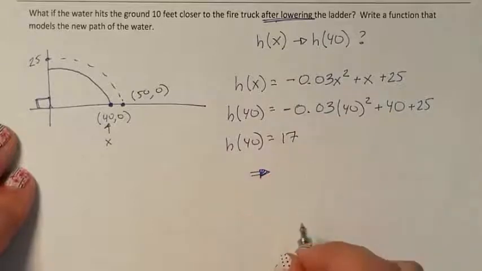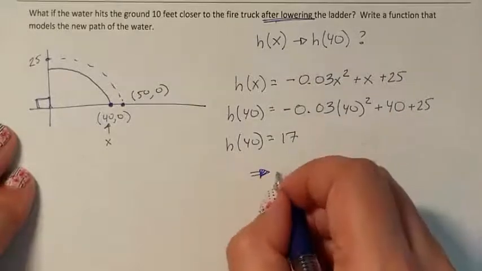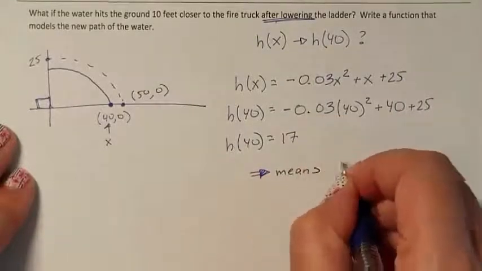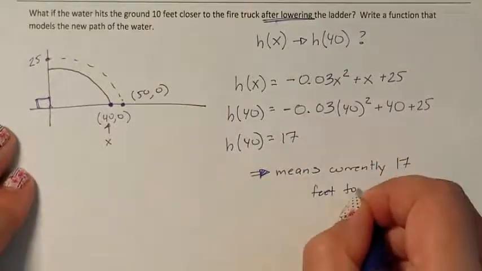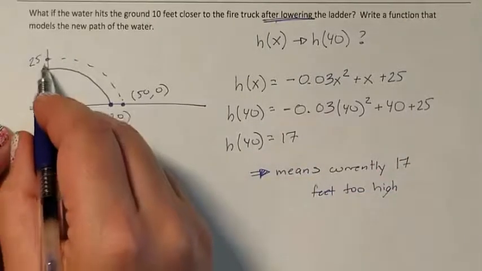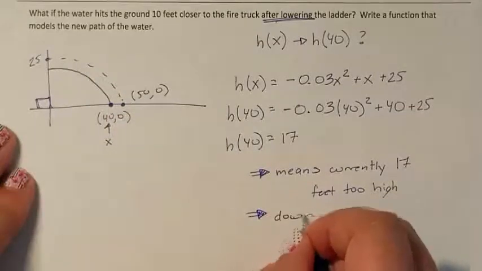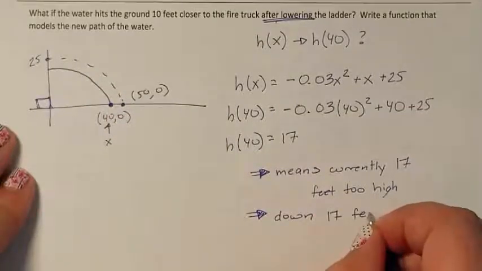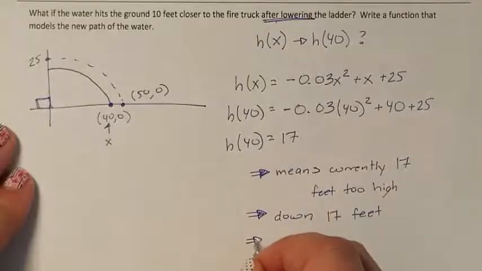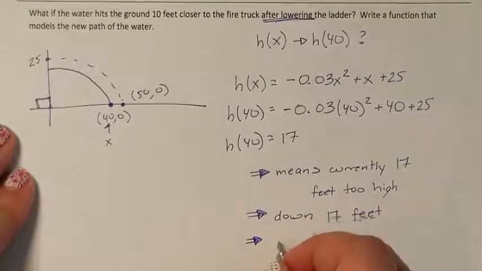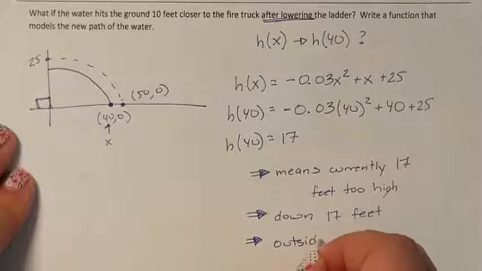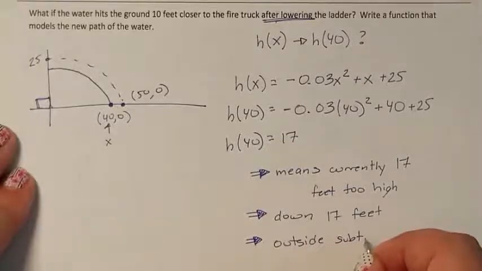What does this mean? This means that my ladder is 17 feet too high, which means I needed to lower it. We already knew that. This means I need to move my ladder down by 17 feet. Well, what is a down move? You know that a down move is an outside subtract 17 move.